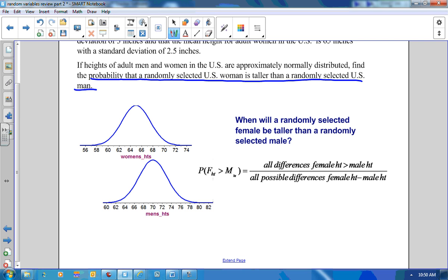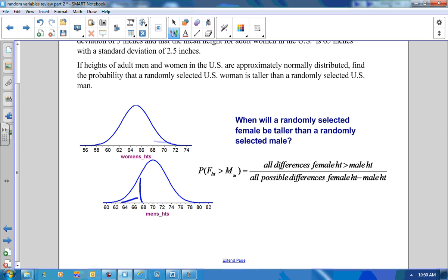Well, recall, probability is successful outcomes over every total possible outcome. So I could have a woman in this region taller than 70 inches, and she could be paired with any of these men, and she'd be taller than them. I could have a woman in this region, and she could be paired with any man in this region. You get the idea.